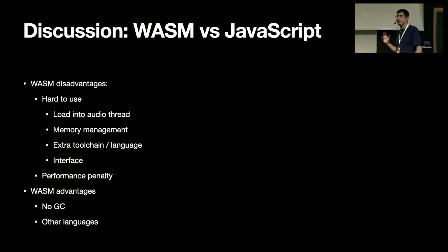You have to deal with how to manage the memory, add an extra toolchain, an extra language, and think about how to interface the code inside the WebAssembly. And in terms of performance, there's a clear penalty in the communication. You can have improvements. I think this experiment hasn't really shown them, but they're quite likely.